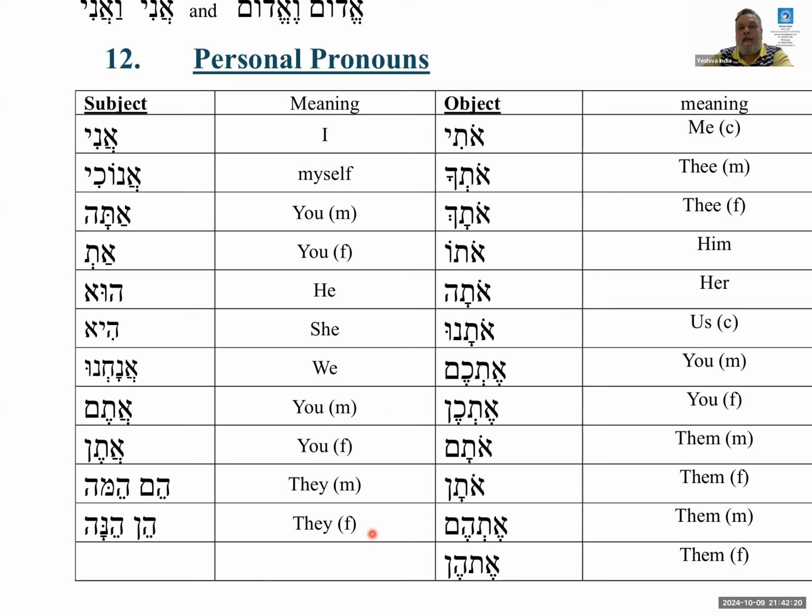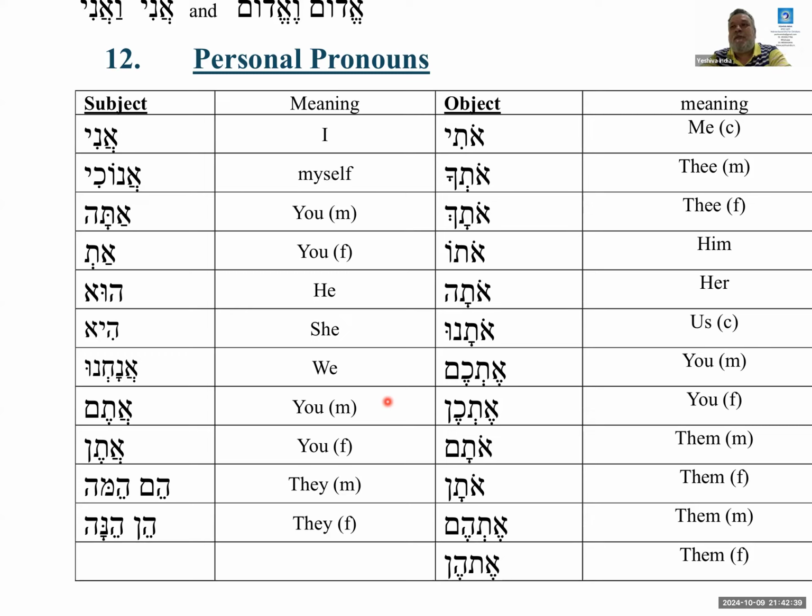And hen, henna, plural, feminine. These will be very rare, but you just need to know them. This is subjectively: I, me, myself.